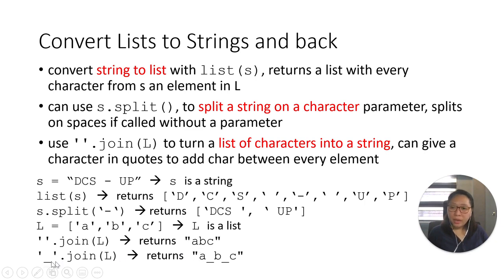And if there is a string or characters before the dot, that becomes the values in between the characters in the list L. So this is like a delimiter.